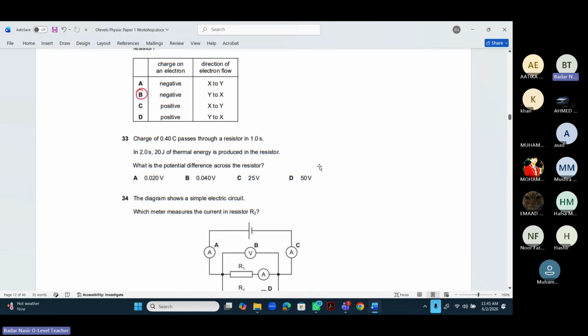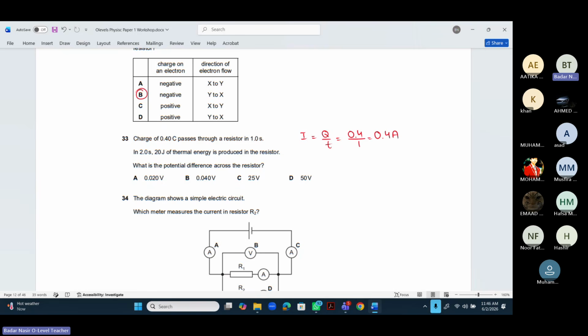A charge of 0.4 coulomb passes through a resistor in 1 second. तो करंट का फॉर्मूला क्या होता है I equals Q over T, 0.4 divided by 1, 0.4 amperes. In 2 seconds 20 joule of thermal energy is produced in the resistor. So energy दी हुई है.